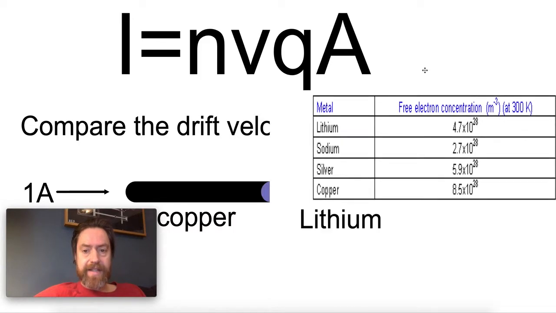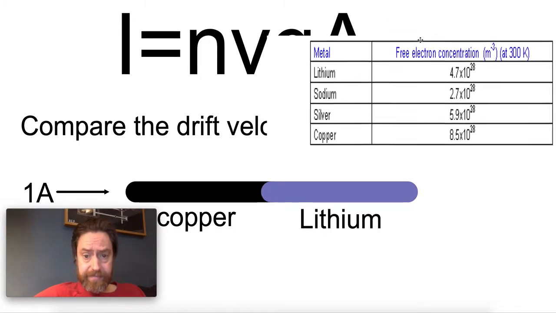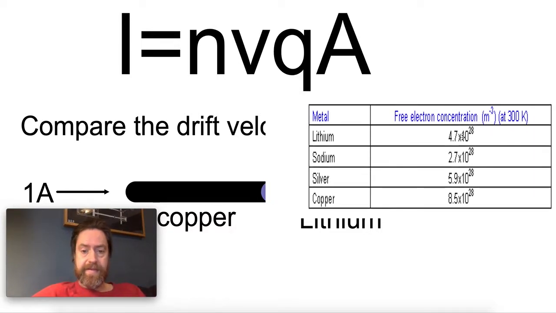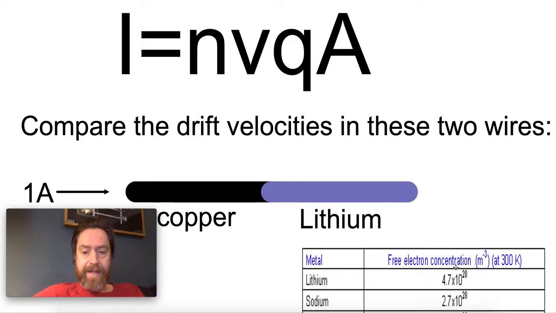They would have to give you the information, but it turns out that copper has 8.5 times 10 to the 28 electrons per meter cubed, whereas lithium has a lot less. So using that bit of information, try and recreate what we did in the last slide.